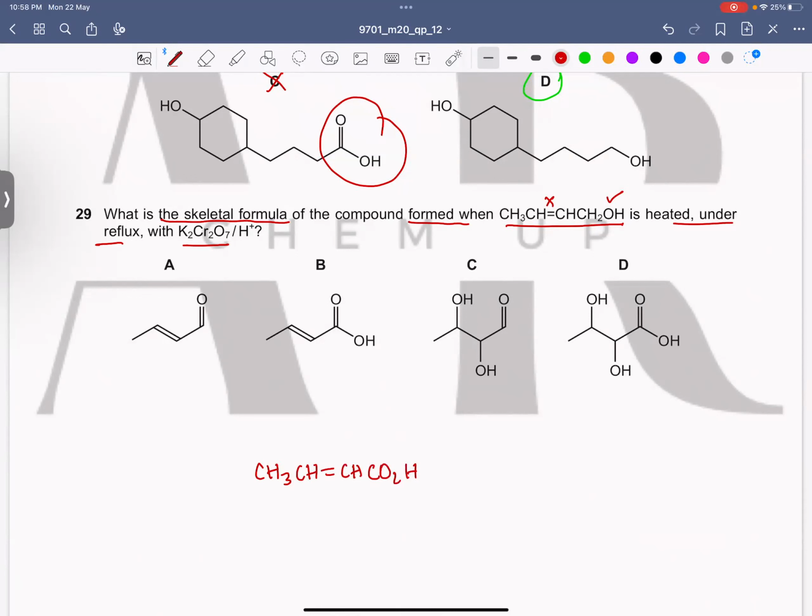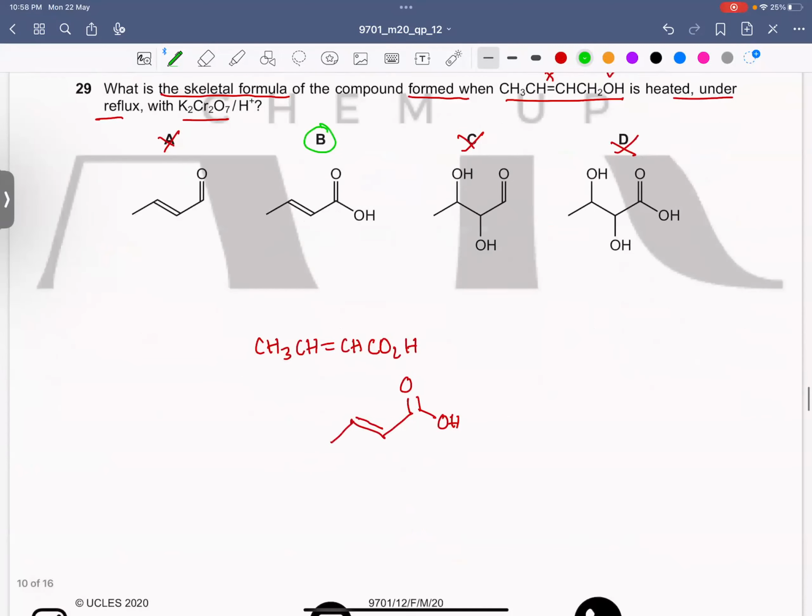So if I turn it into a skeletal one, there are 2, 3, 4 carbons. The fourth carbon has a carboxylic acid. That can be the first carbon and there is a double bond. So it means A is wrong, C is wrong, D is wrong, and B is the correct answer. Is this clear to everyone?